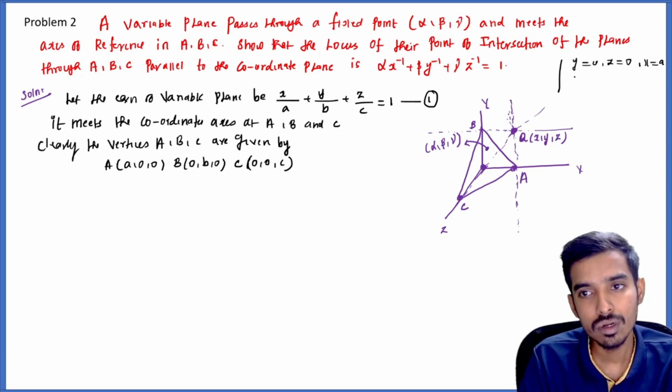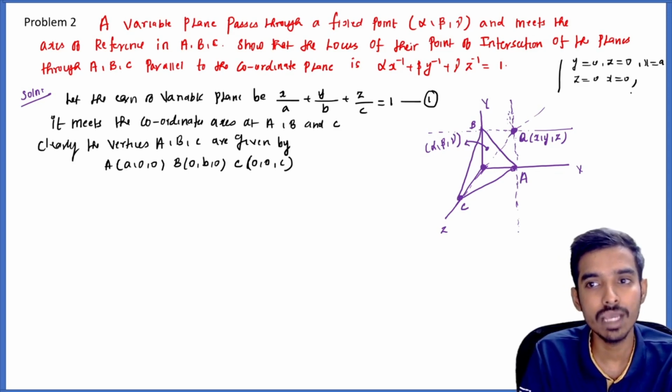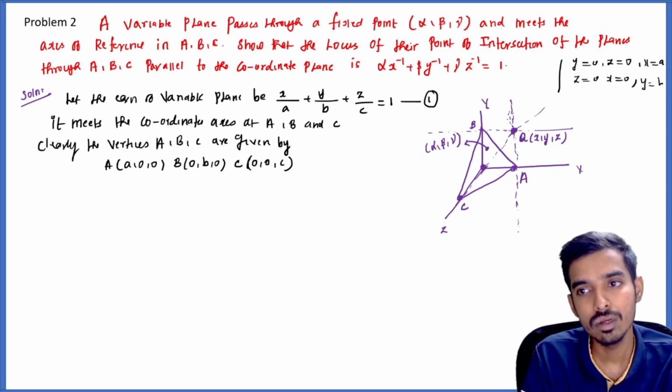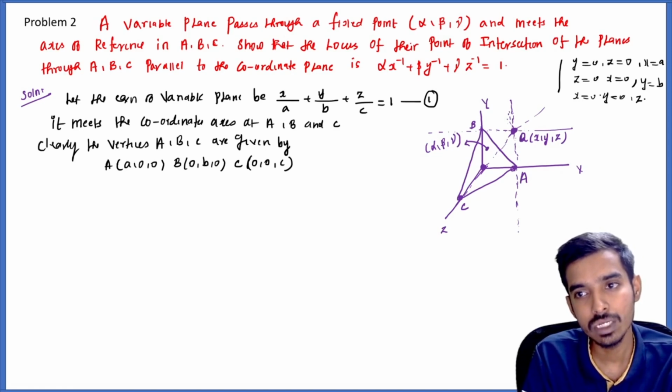Now similarly, you put z is equal to 0, x is equal to 0. Those terms will be 0. So we have y by b is equal to 1, so y is equal to b. Therefore, 0 comma b comma 0 is the y intercept. Now to find the z intercept, you put x is equal to 0, y is equal to 0, and you will have z equal to c.